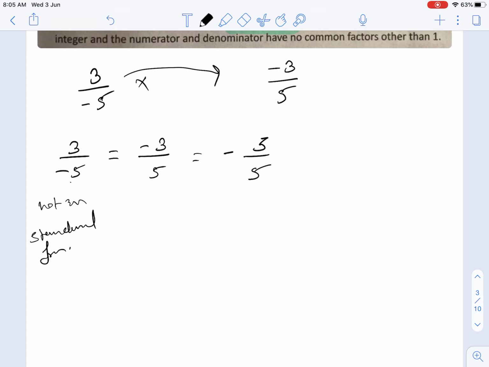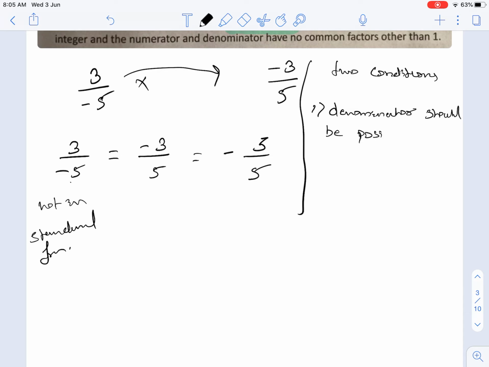Because for any number to be in standard form, two conditions are there. The first condition is that the denominator must be positive, and the second condition is that they should not have any common factor between them, numerator and denominator.